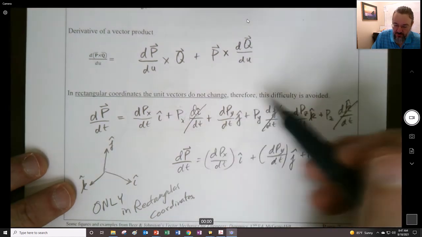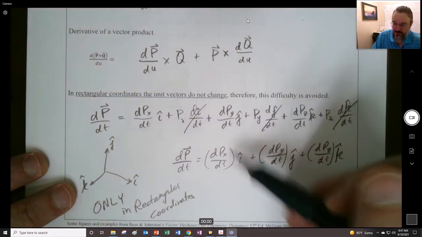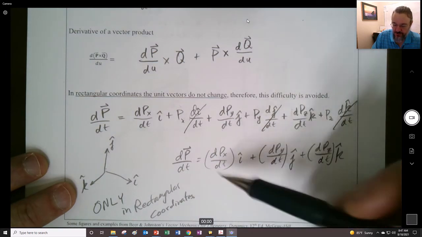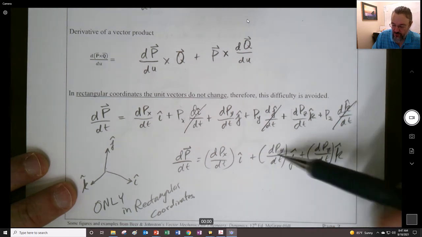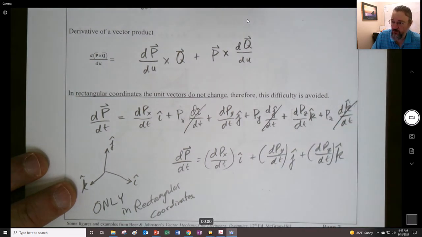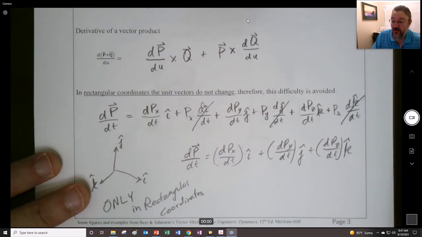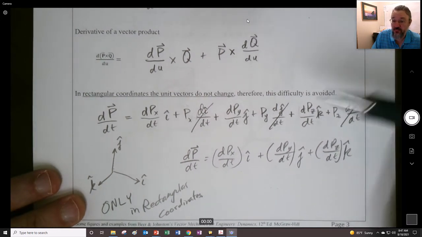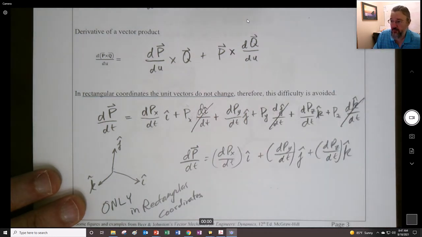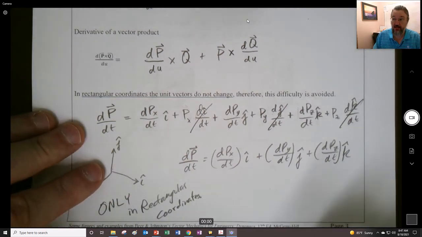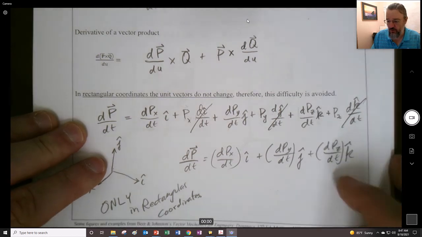So we have the special circumstance with rectangular coordinates that the derivative of a vector with respect to time is just the derivative of all of the components individually. That makes it a fairly simple and straightforward method of figuring out the derivative of stuff. But it ends up making it seemingly more complicated in path and especially polar coordinates.